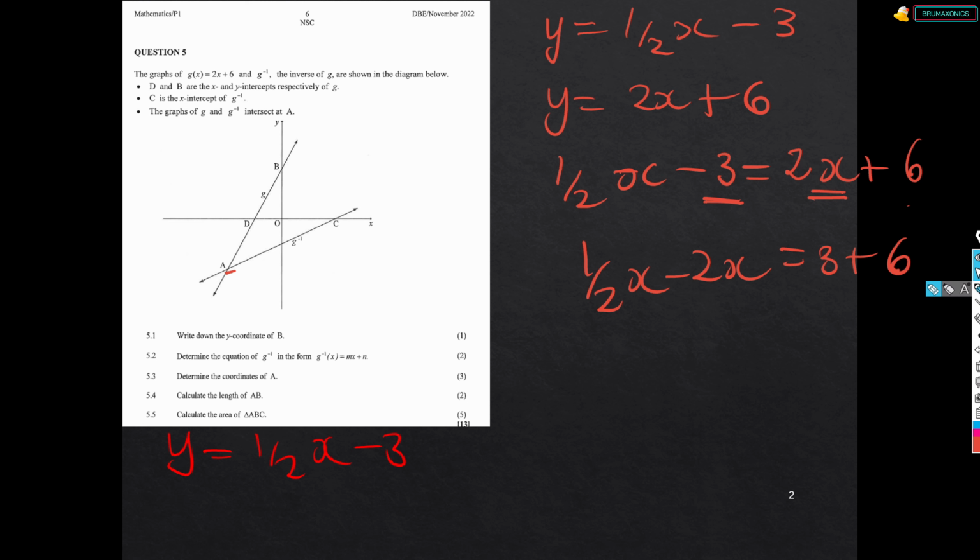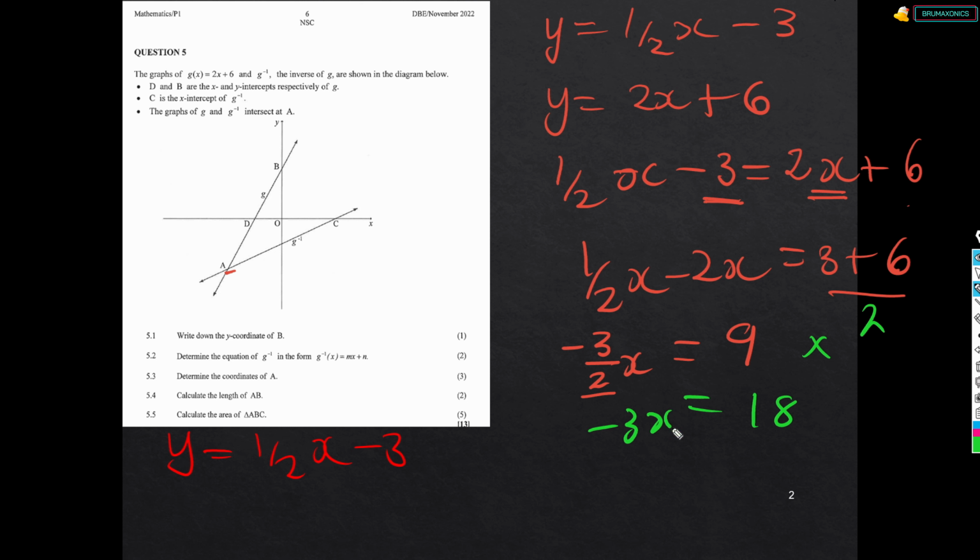So here we have our negative 3 over 2 x, which is equal to 9, right? Most of the time I multiply both sides by 2 to cancel it, and then I'm going to have 18 on this side and negative 3x on the other.